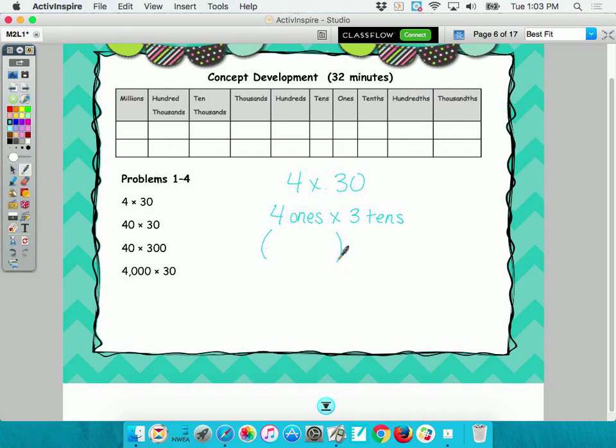Yeah. Okay, so the associative property says the order in which you group your numbers is not going to change your answer. So let's take a look at this. I could think of this as 4 times 1 for 4 ones, and I could think of this as 3 times 10 for 3 tens. Go ahead and write that down.